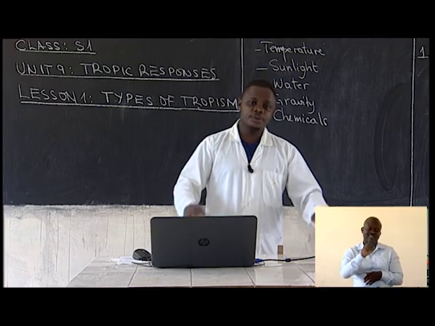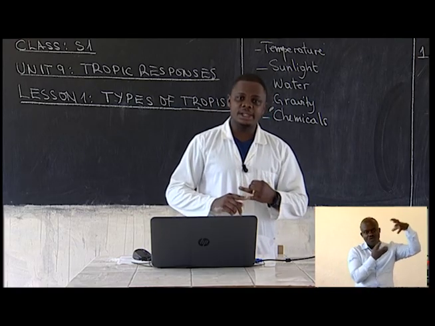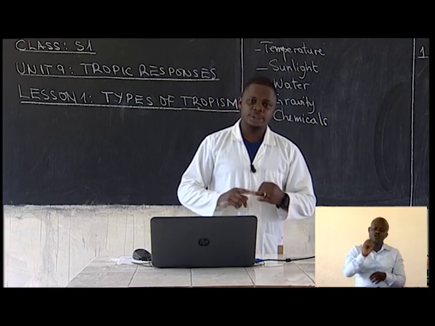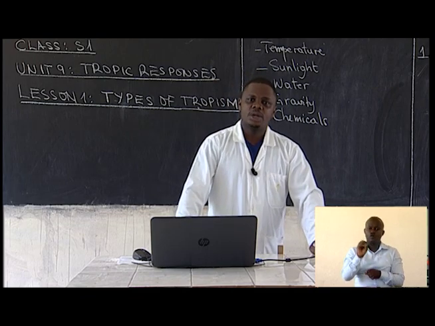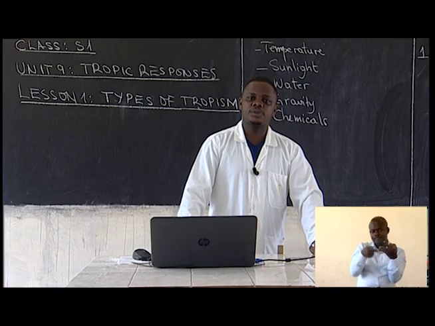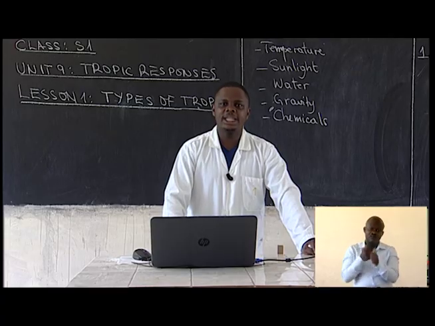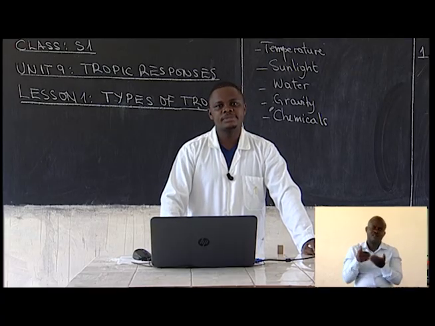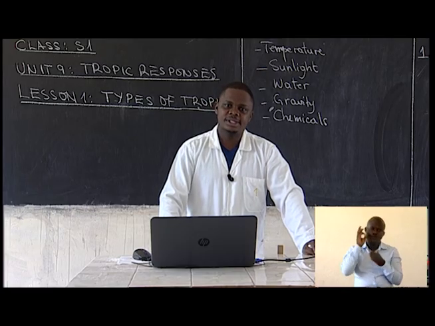In the process of photosynthesis, we need carbon dioxide, there's need for water, sunlight, and chlorophyll. When those requirements are present, then the process of photosynthesis will take place in leaves, and then glucose and oxygen will be produced.